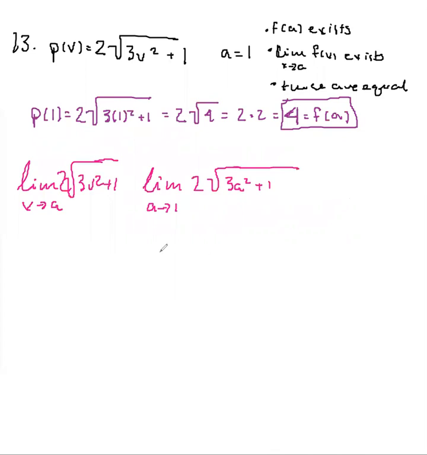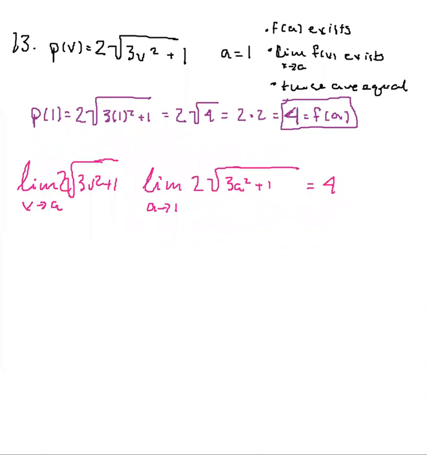And we can go ahead and say that if a is approaching 1, then 3 times a squared will be approaching 3. Then that whole thing under the square root sign will be approaching 4, which means that the square root is approaching 2. So this limit is going to be equal to 4. And there we have it. 4 is equal to f of a, and 4 is equal to the limit as x approaches a.